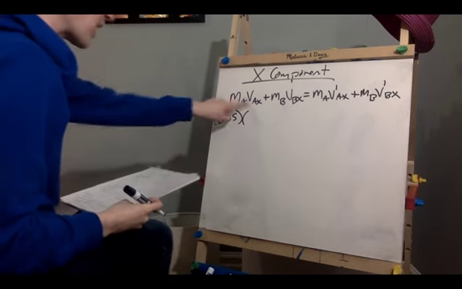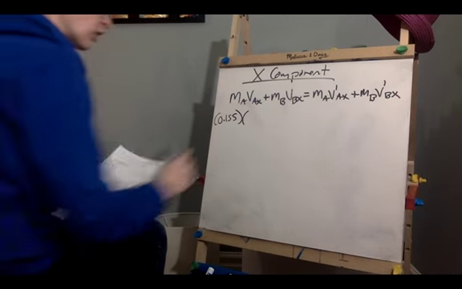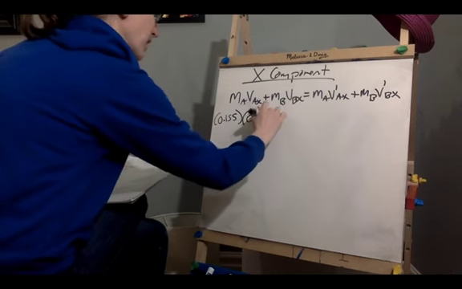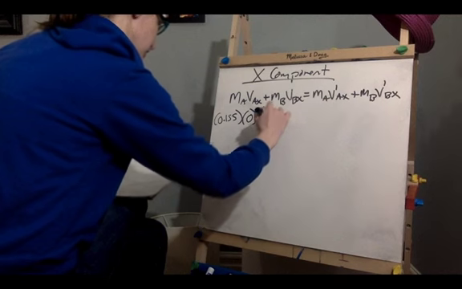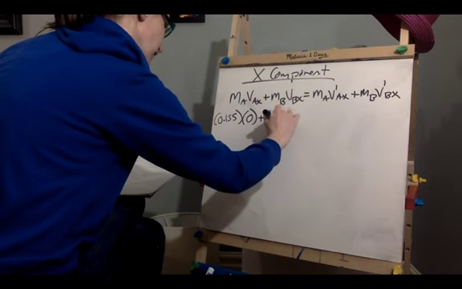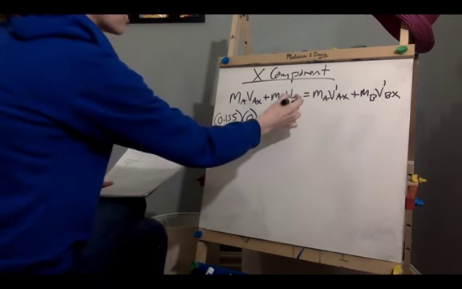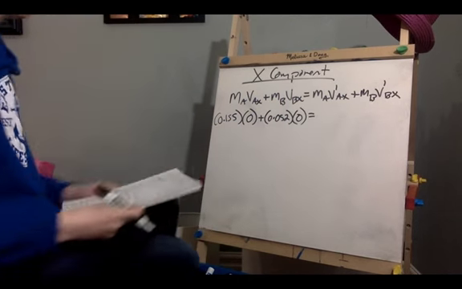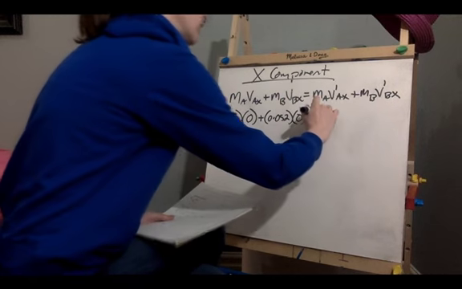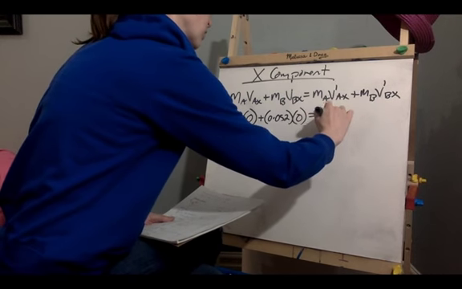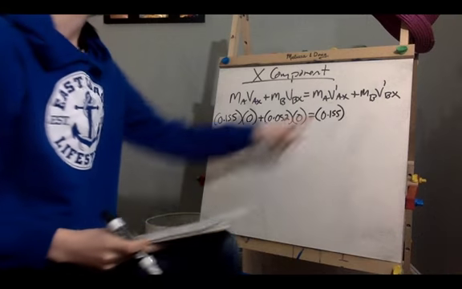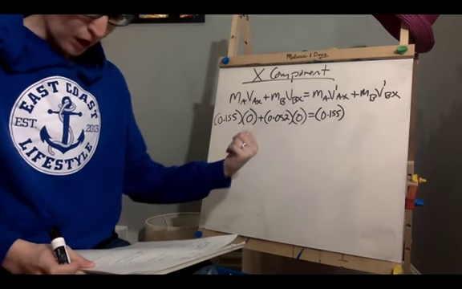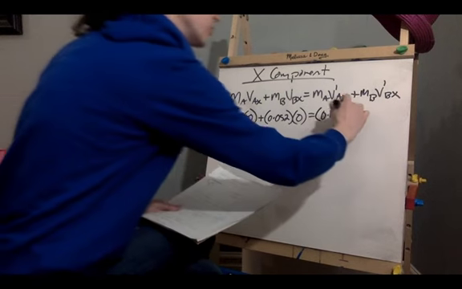Our VAX was actually 0 because it initially wasn't moving this way. Our mass here was our stationary golf ball, 0.052 kilograms, and its velocity in the x is 0 because it wasn't moving. Here, again, the mass of our billiard ball is 0.155 kilograms. The V prime AX, we solved for on the last whiteboard slide, which was 0.802 meters per second.